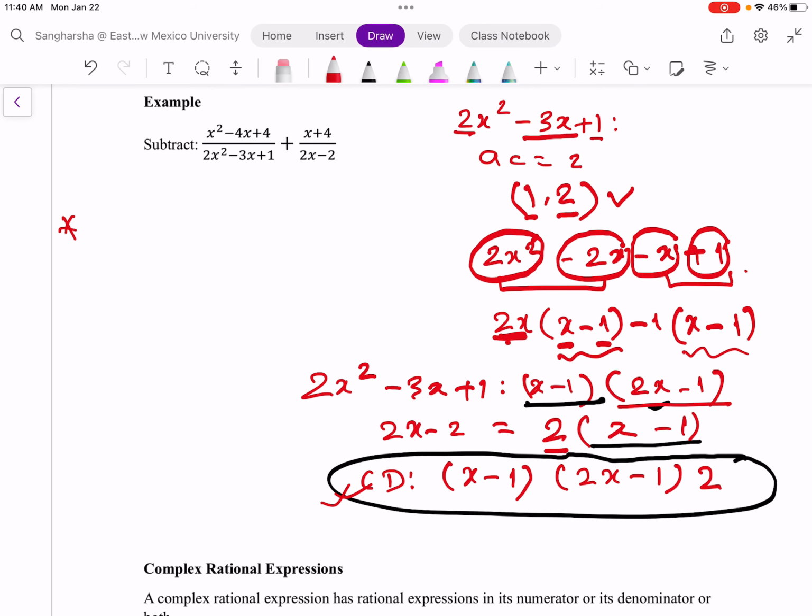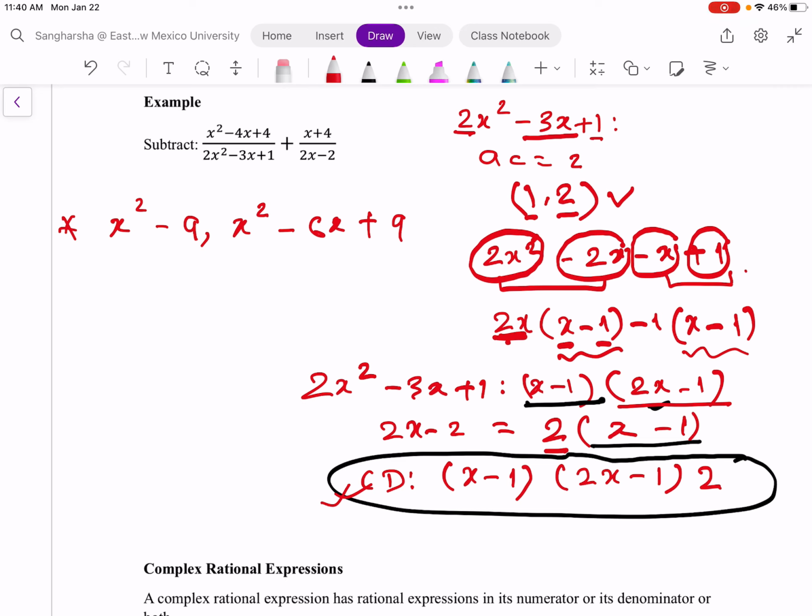Find the common denominator for x squared minus 9, and the next one, x squared minus 6x plus 9.